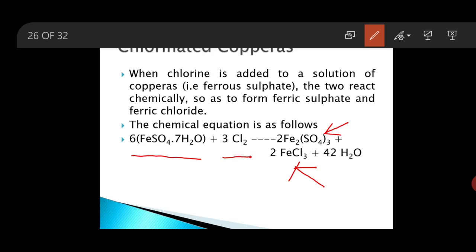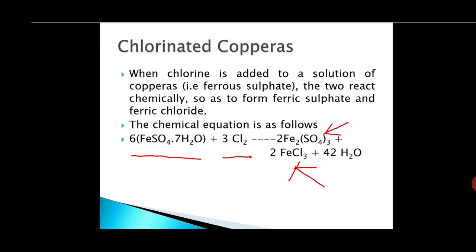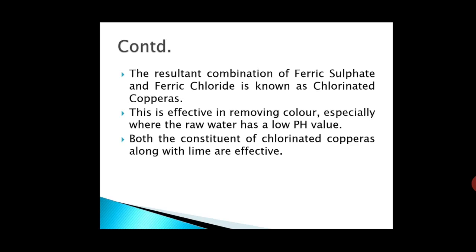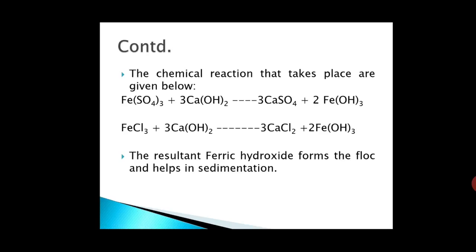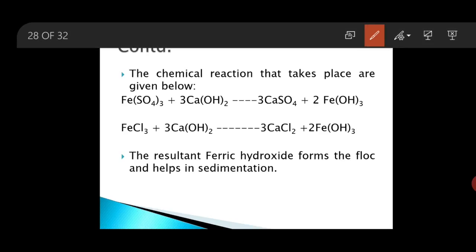Both these constituents of chlorinated copperas, ferric sulfate and ferric chloride, react with lime. So this is the ferric sulfate. When it reacts with hydrated lime, it will form ferric hydroxide.